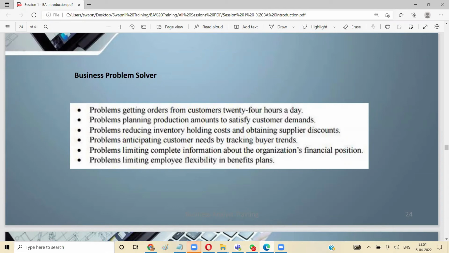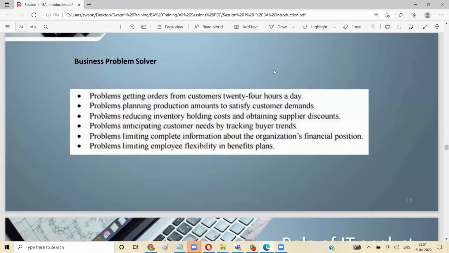You should be able to see my screen. So that's about point one.